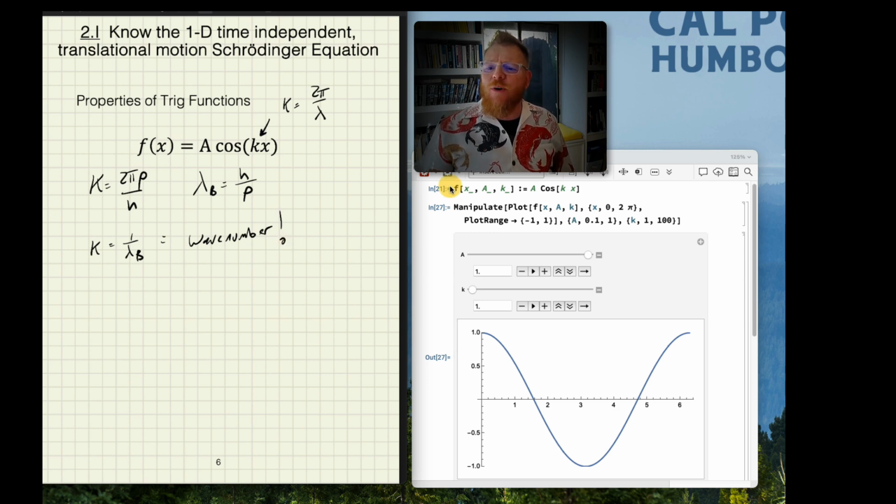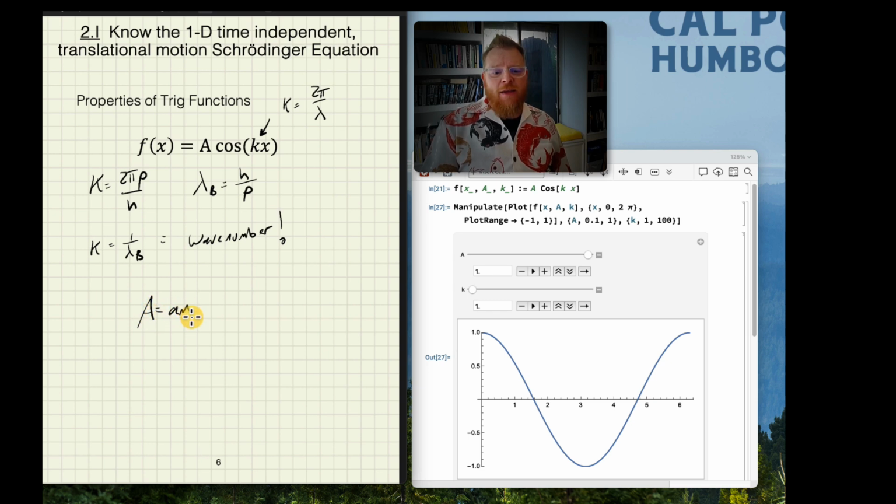And as you can see right here next to me, I've got this Mathematica file so that we can play around with just this very general cosine function so we can see what the factors are. So we didn't have this a term in our previous solution, but I included it there because we're going to see it show up in other solutions. And recall what that a gives us is the amplitude.